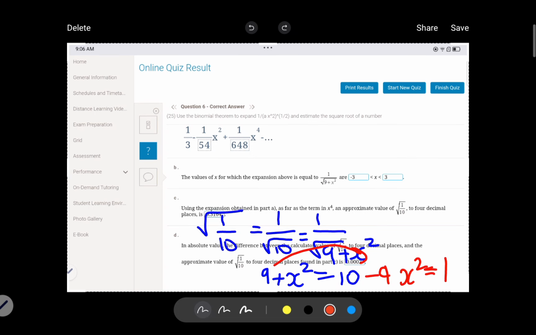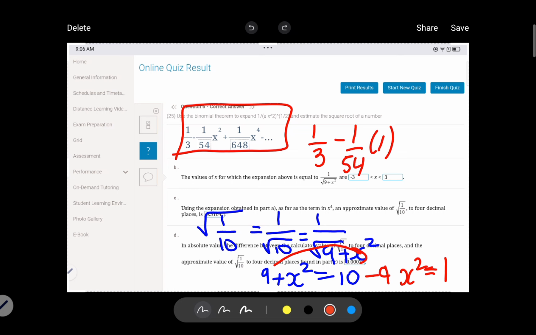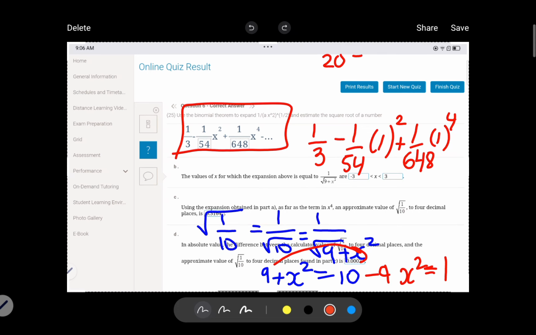So it's 1. Now in this equation, we substitute 1 over 3 minus 1 over 54, 1 squared, plus 1 over 648, 1 to the power of 4. When you put it on the calculator, you will get 205 over 648.